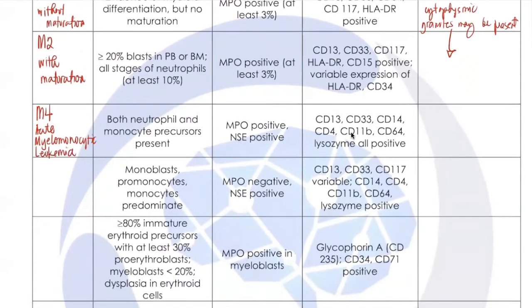Okay? So both the granulocytic and the monocytic series are affected and thus MPO positive tsaka non-specific esterase positive siya. Okay? So this type of leukemia is medyo maganda yung kanyang prognosis because it often responds to treatment.